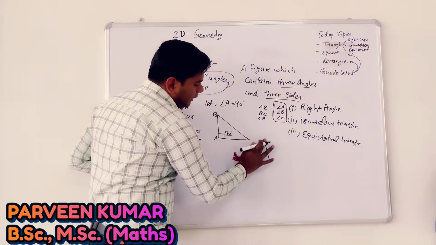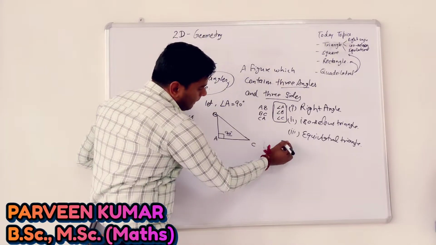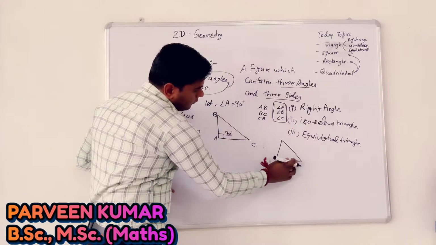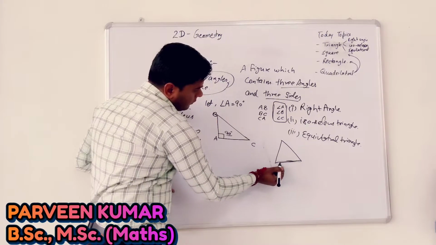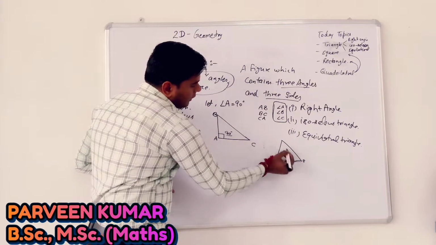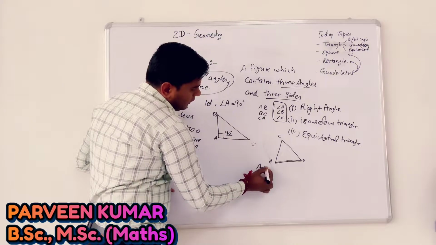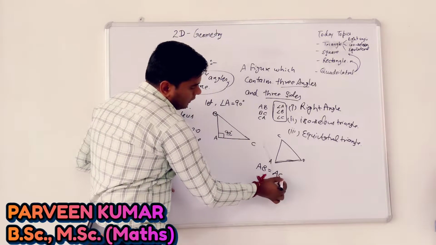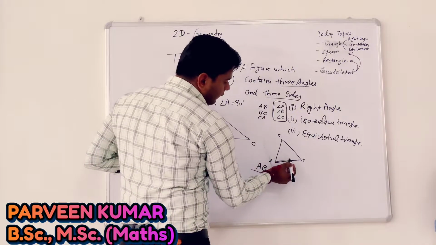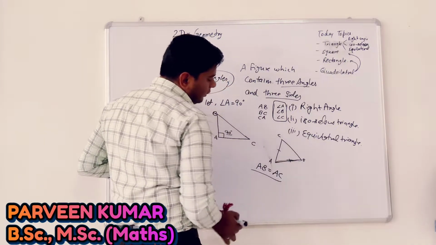Let's see in the figure. Let we have a triangle ABC. Here AB is equal to AC, so it is an isosceles triangle. This side is equal to this side.